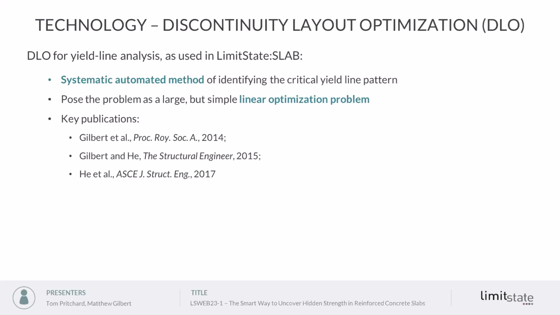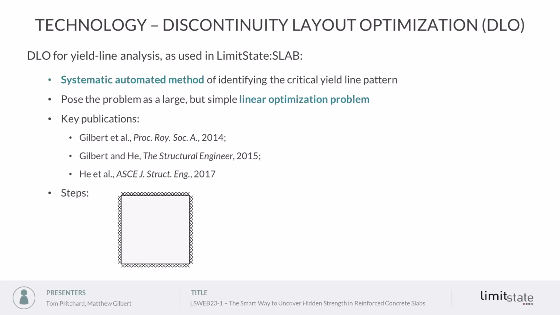It will automatically find a critical mechanism, irrespective of the geometry, reinforcement configuration, and so forth. So it's a systematic automated method. It turns out that we can solve the problem as a simple, albeit large-scale, linear optimization problem. And if you're interested, there's various papers published in the 2010s that you can see on screen.